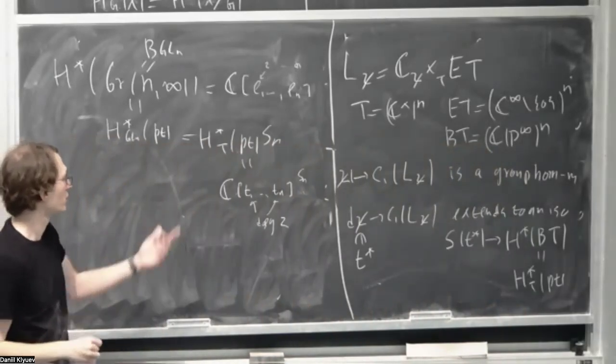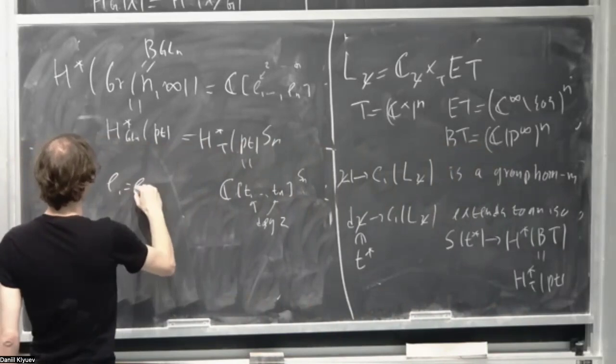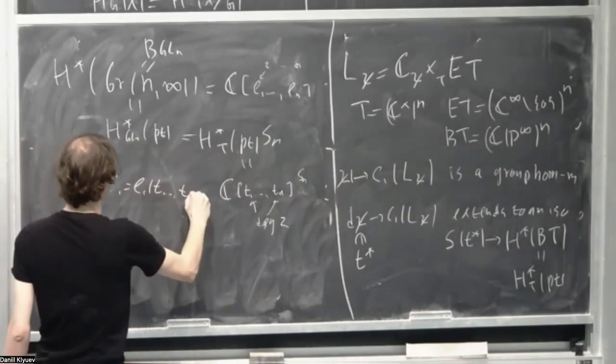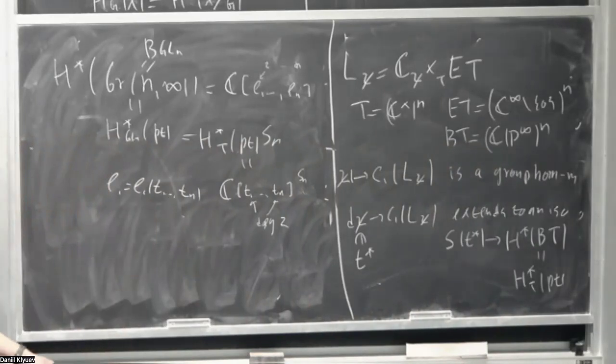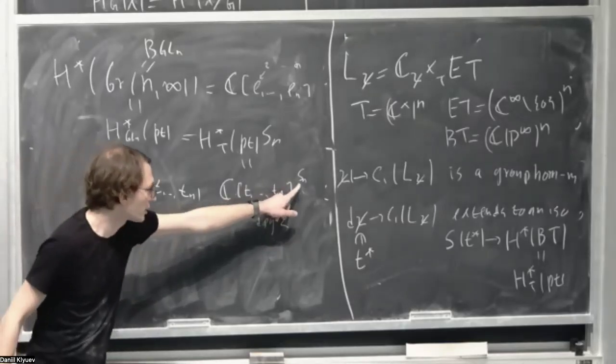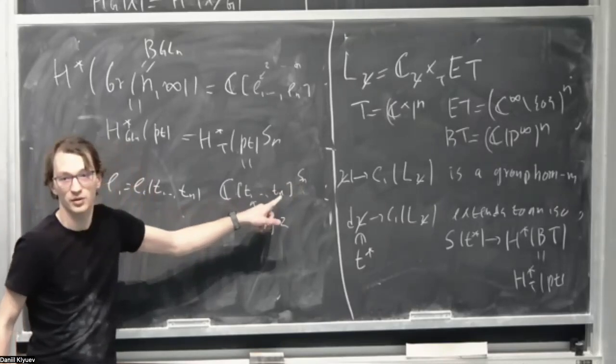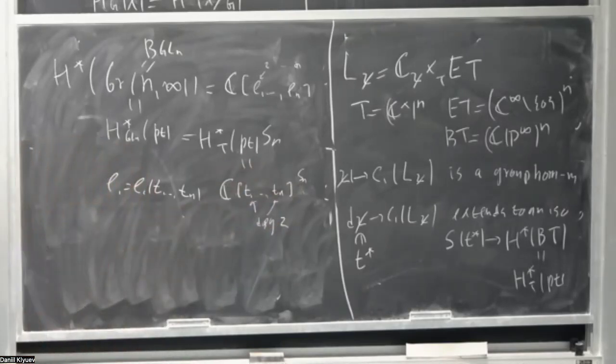Yeah, that's just symmetric. So the generators can be specified as the elementary symmetric polynomials in T_1, ..., T_n. You take the fixed points by S_n in the polynomial ring in the T_i, the symmetric polynomials in T_1, ..., T_n.